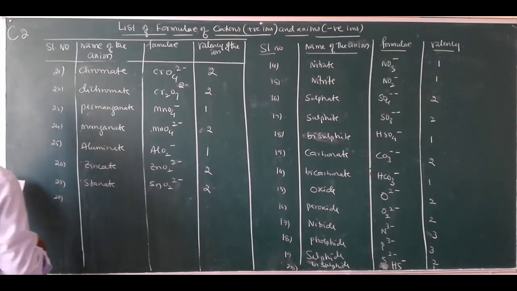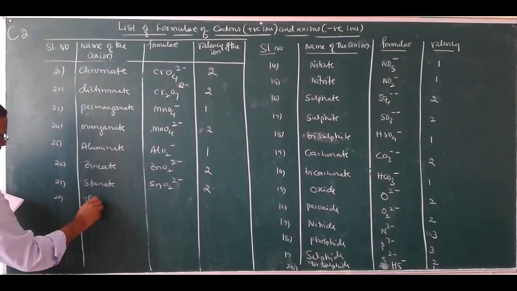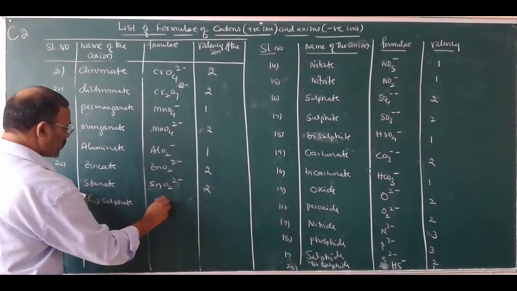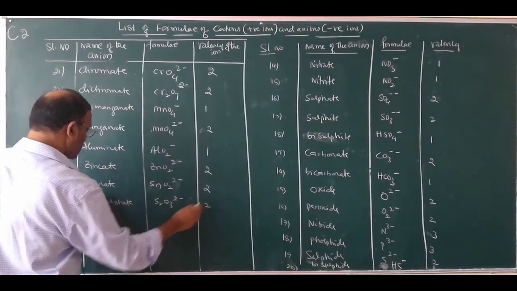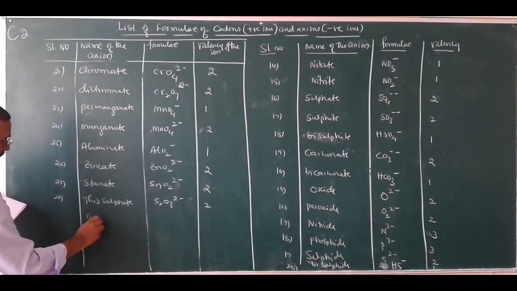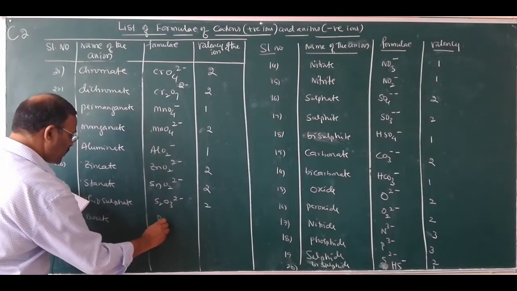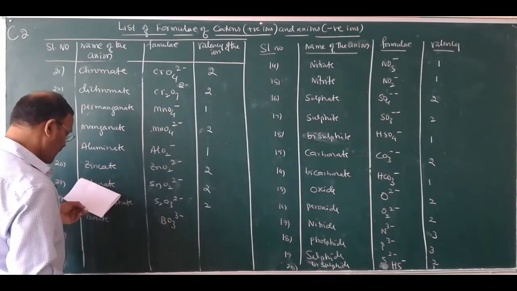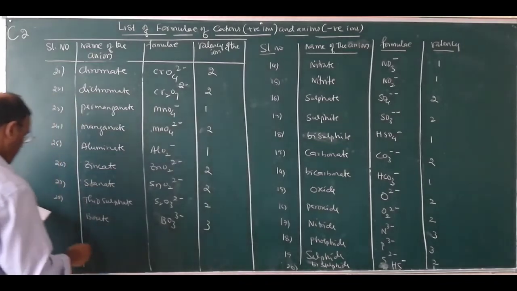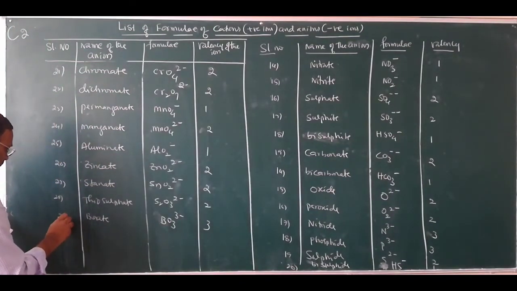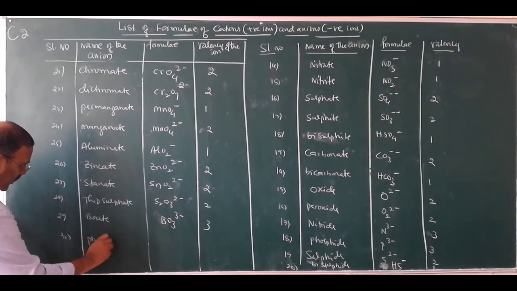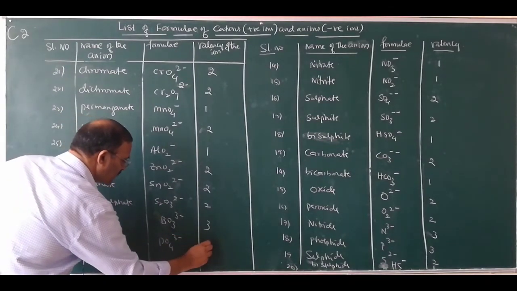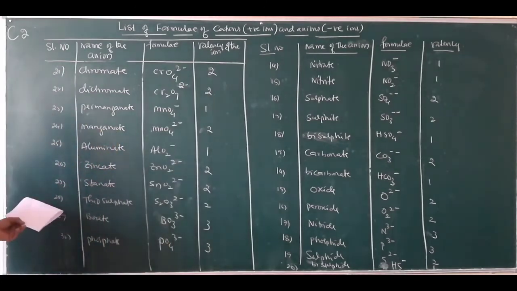Thiosulfate, S2O3 2 minus. Borate, BO3 3 minus, this is minus 3. Phosphate, PO4 3 minus, this is 3.